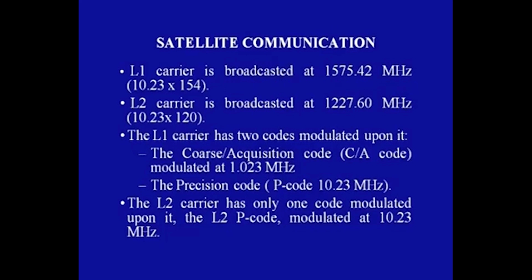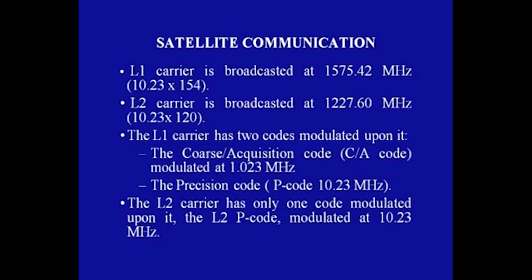The first one is the coarse/acquisition code, or what we call the CA code, modulated at 1.023 megahertz, and the second code is the precision code, known as the P code, at 10.23 megahertz. The L2 carrier has only one code modulated upon it, that is the P code, at 10.23 megahertz.